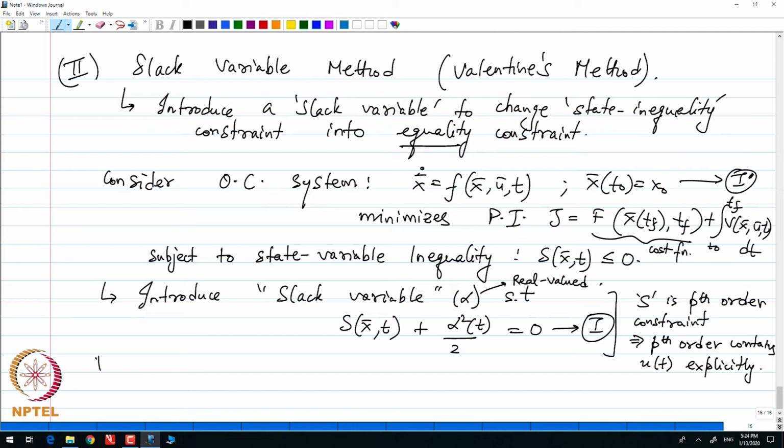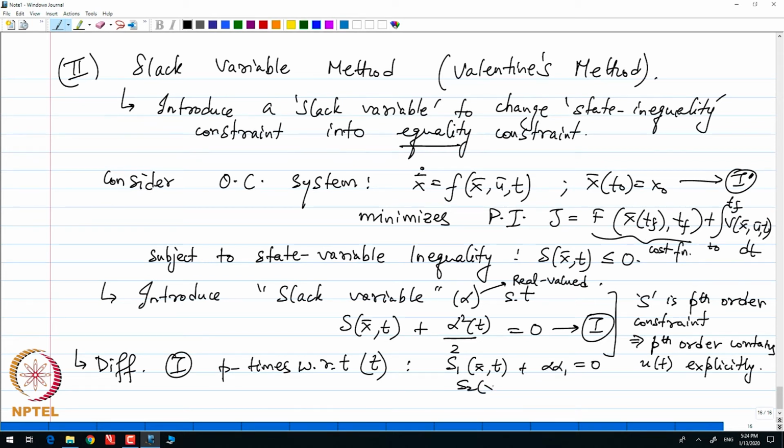So, differentiating 1 p times with respect to my independent variable t, I am going to get the following set of relations: S1 of x comma t plus alpha 1 is equal to 0, and then S2 of x comma t plus, well, we differentiate this, alpha 1 square plus alpha 2 is equal to 0, and so on, right.